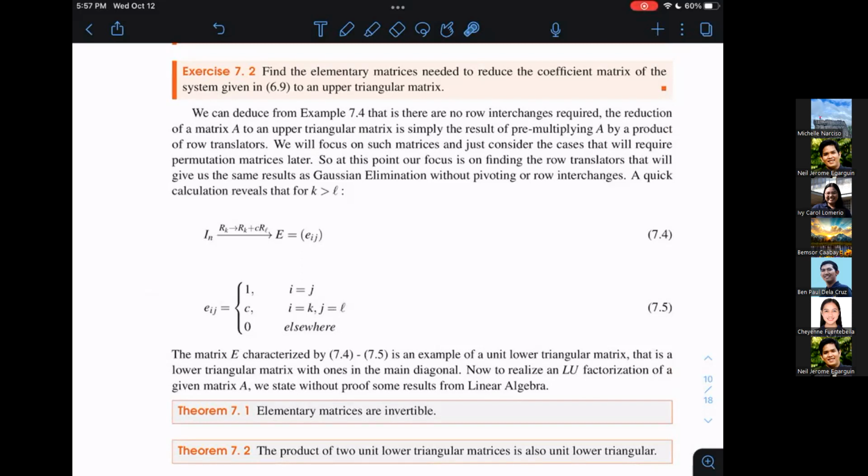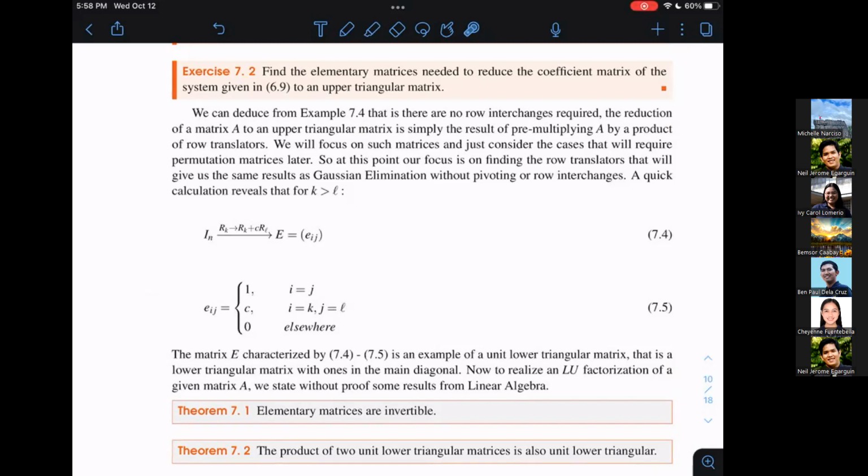Nina? Usually, nag-i-interchange tayo ng rows kapag yung leading entry niya ay, di ba dapat yung leading entry sa ith row ay dapat hindi mauuna dun sa leading entry ng i-1 at mga nauuna pang row sa kanya.